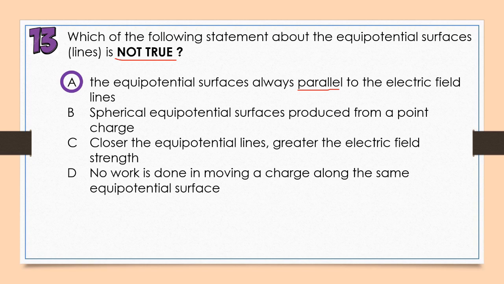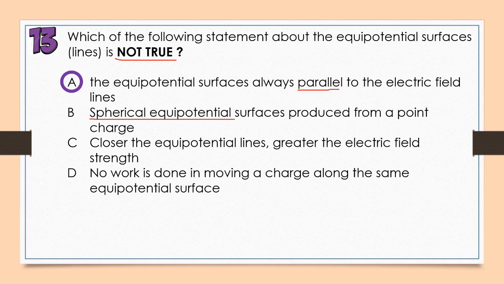So if the spherical equipotential surface is produced from the point charge, the uniform equipotential surfaces are produced from two different charges on each plate, which produces the uniform electric field. So when we produce the uniform electric field, the equipotential surfaces are also uniform.